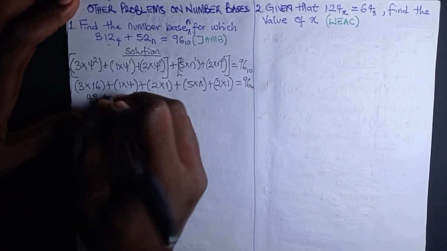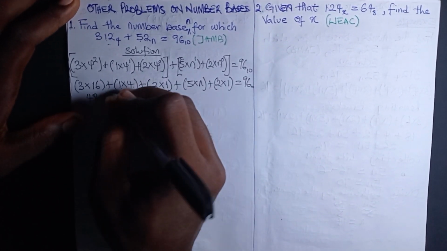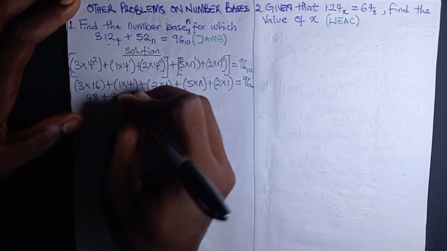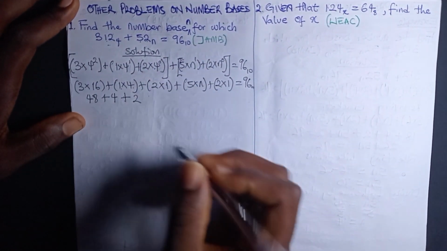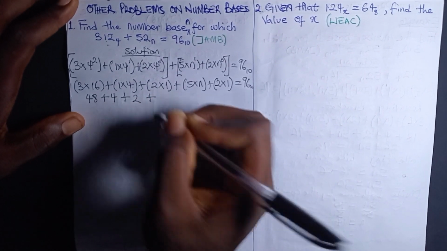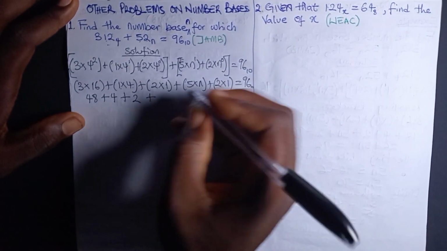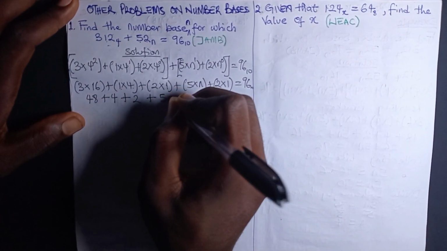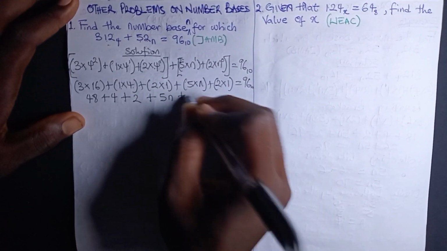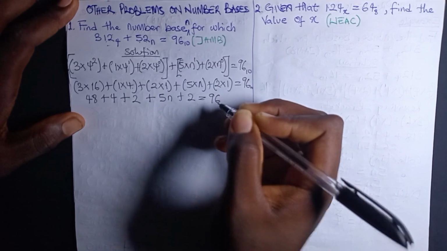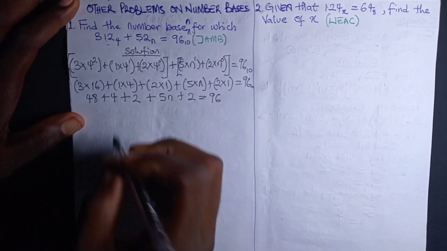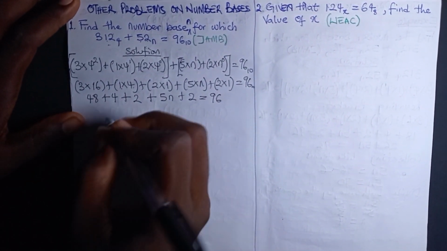48 plus 1 times 4, 4, plus 2 times 1, 2, plus 5 times n gives you 5n, plus 2 times 1 gives you 2, equal to 96. So solving further, let's rearrange this.